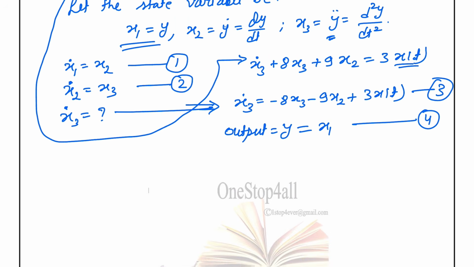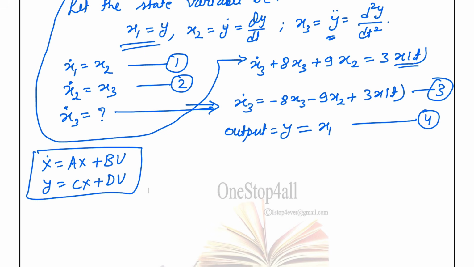So, what are the state equations? x dot equal to A x plus B u, and another equation, the output equation, y equal to C x plus D u. So, in this equation form, matrix form, we need to convert this whole equation. So, x dot means x1 dot, x2 dot and x3 dot.